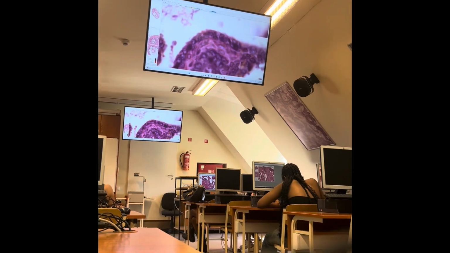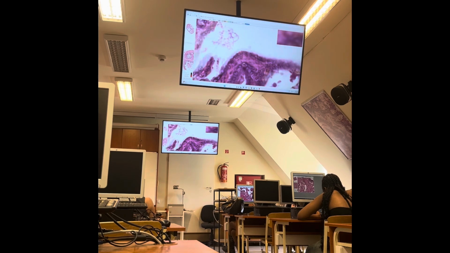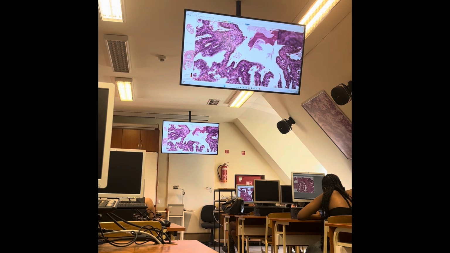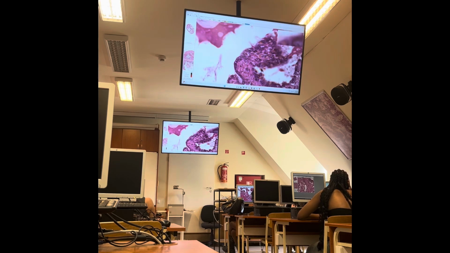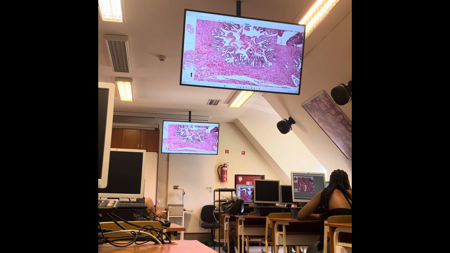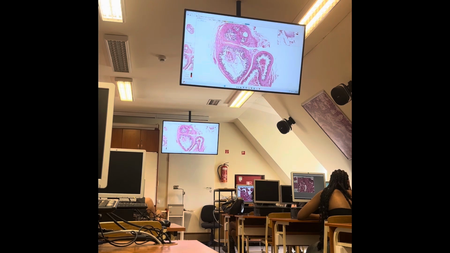So the number of the stereocilia is decreasing, obviously. That is another change in the different segments. But a few you can still see on the epithelial cells. Sorry? The density of the stereocilia is decreasing as we get into the more distal portions of the ductus deferens.